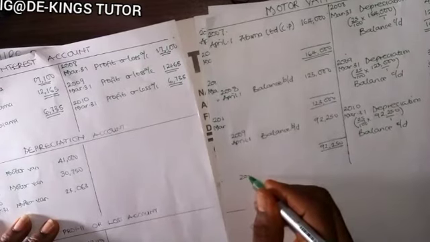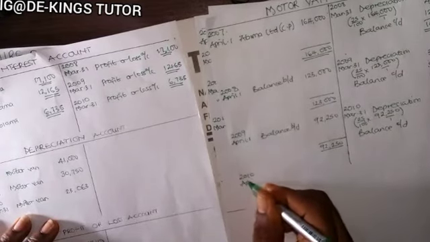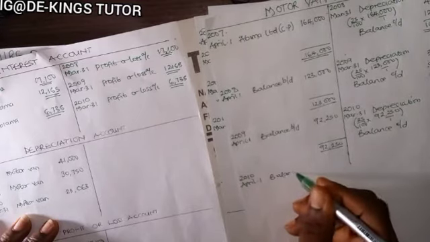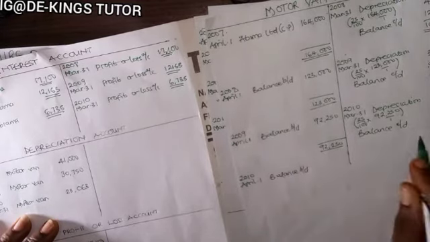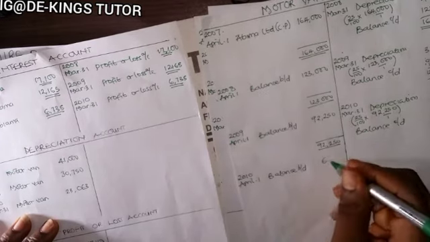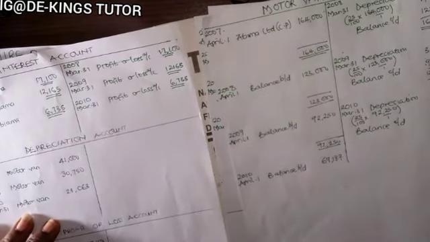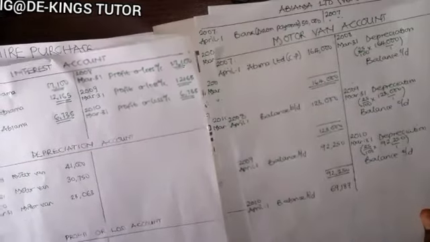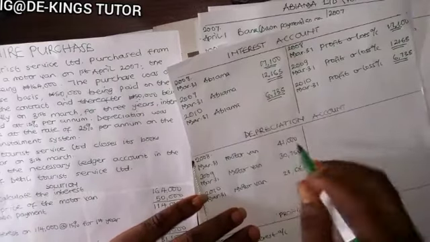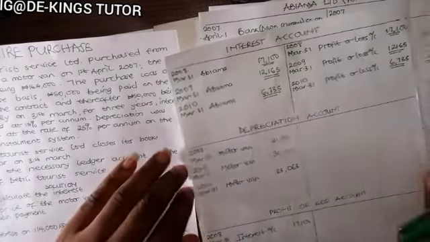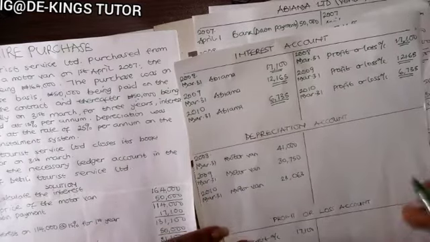Now in 2010 April 1st, the new book value of the asset will now be 69,187, as the value of the asset for the third year. So we've got the depreciation also for the third year. We have to close the depreciation to the profit or loss account, because the depreciation is closed to the profit or loss account.